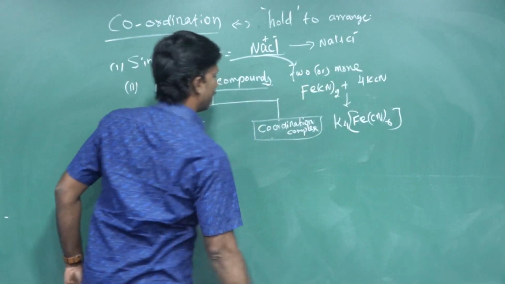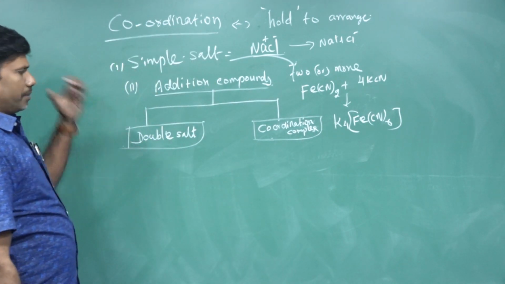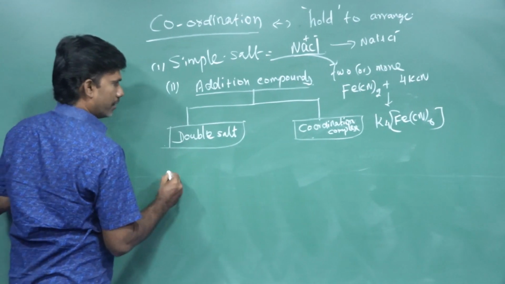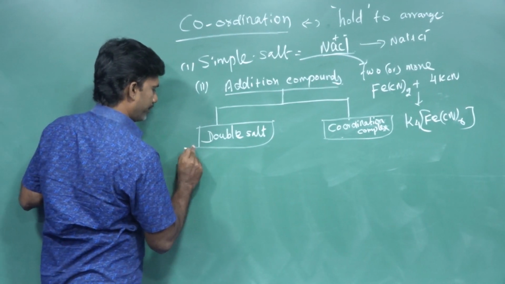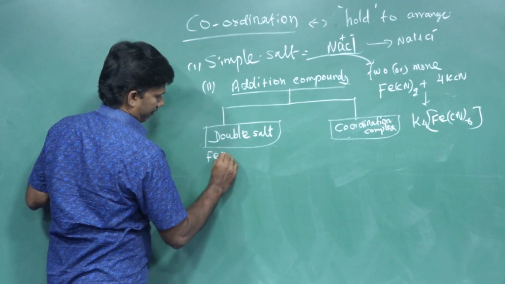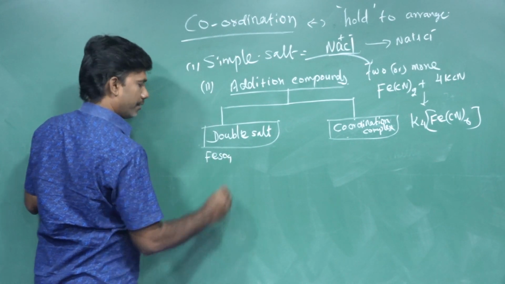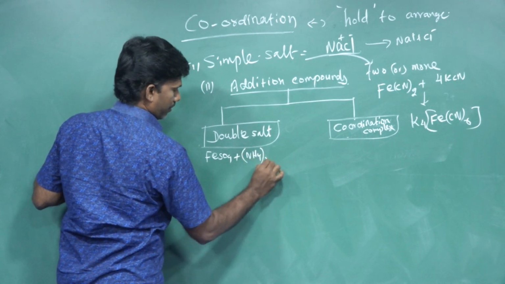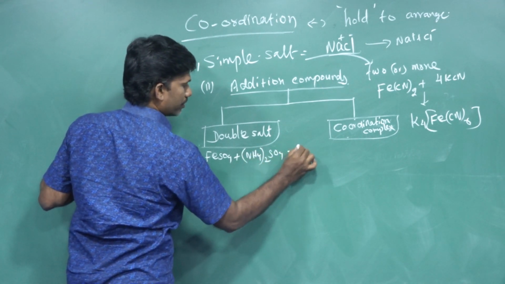Coordination complex. Okay. What is a double salt, sir? Here, two simple salts are combined together to give a double salt. For example, FeSO4 plus ammonium sulfate, (NH4)2SO4, with 6H2O.